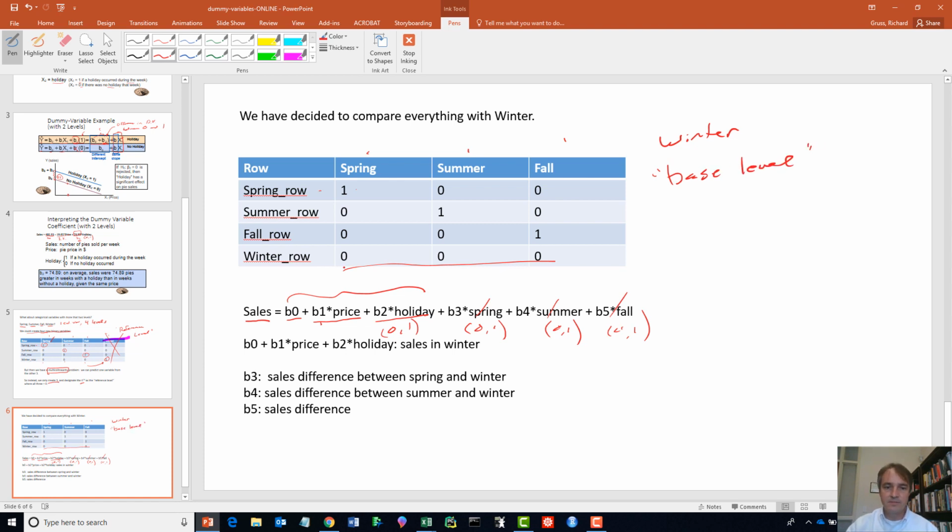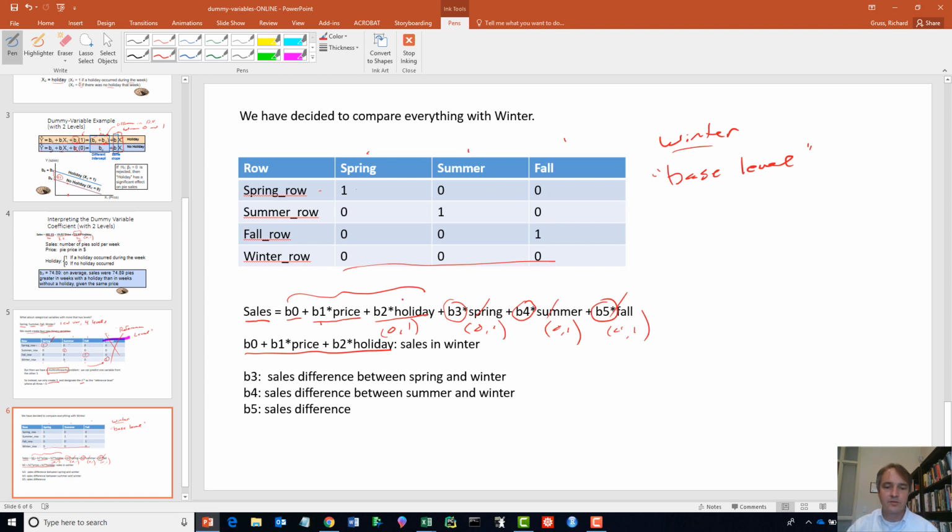If we don't have any ones for any of these other variables, then we know that it is winter. Therefore, to predict the sales in winter, we only have this part. And then we can interpret each of these with respect to the base level.